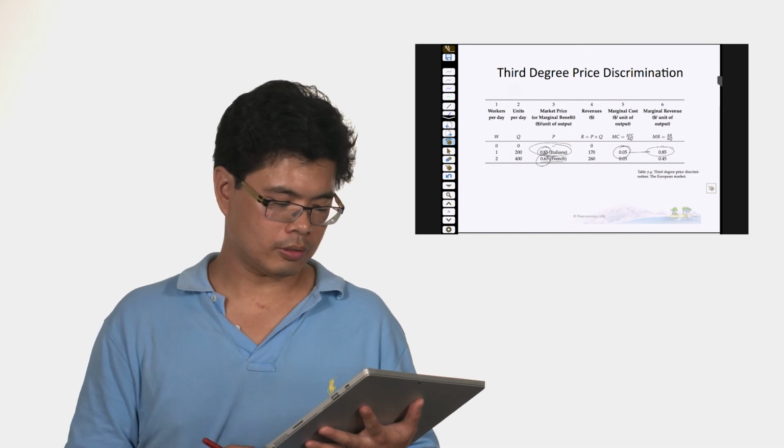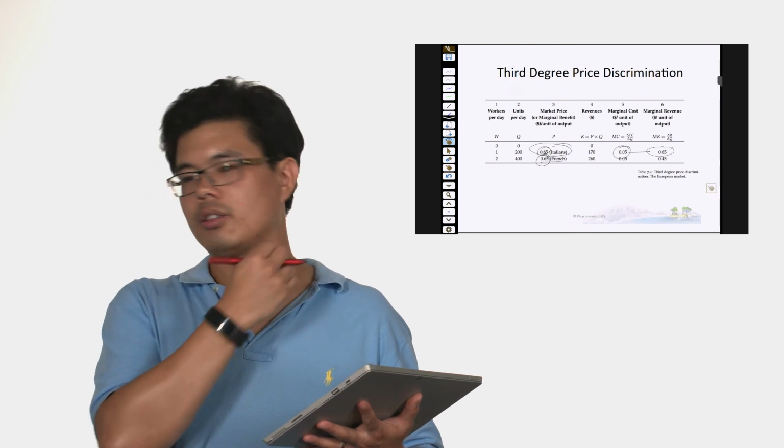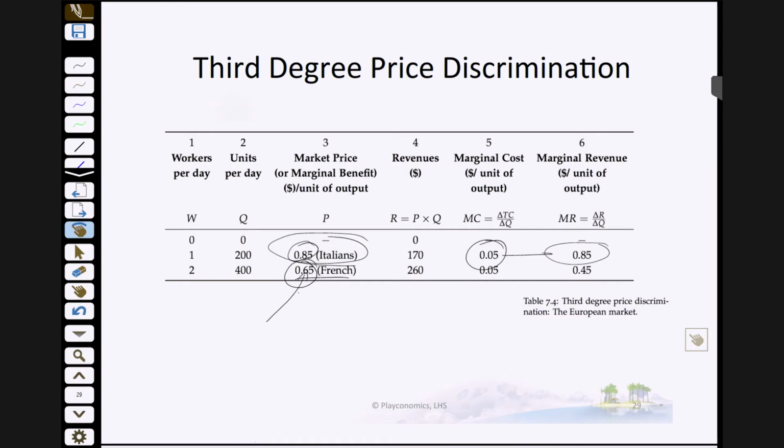If I charged a price of 65, both Italians and French would want the product. I can't differentiate between the two consumers, so I can only charge one price, 65 cents.